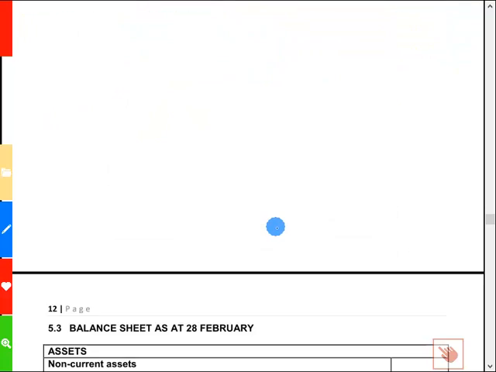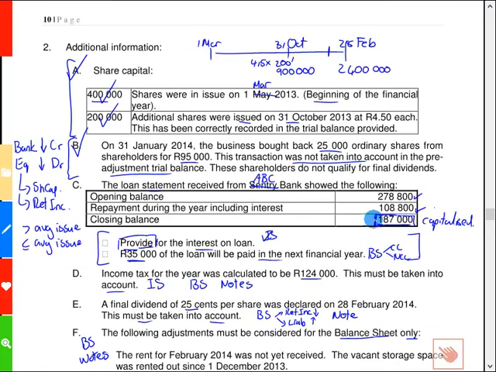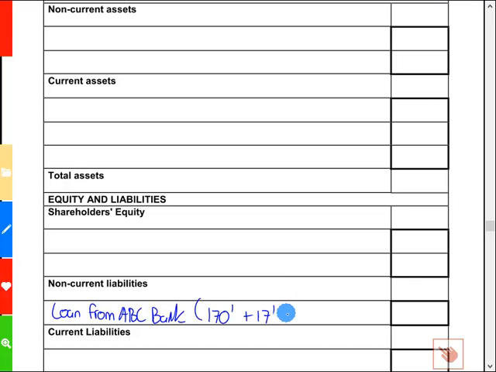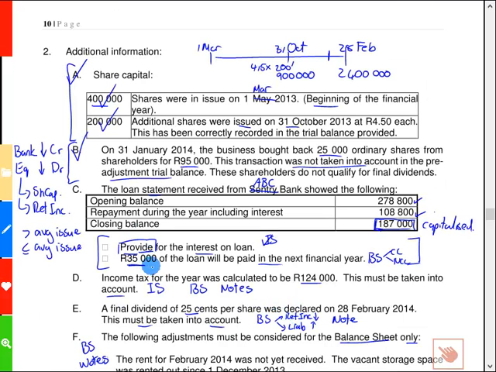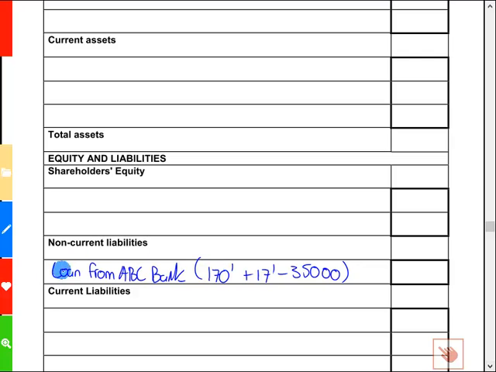Let's go back to the balance sheet. We've got the capital amount of 170 plus the capitalized interest of 17,000, or you can just have the amount from the loan statement, 187,000. But we need to remember that 35,000 Rand of this is going to be repaid in the next year. So that's going to be a current portion. We need to subtract it from the non-current portion and add it to our current liabilities.